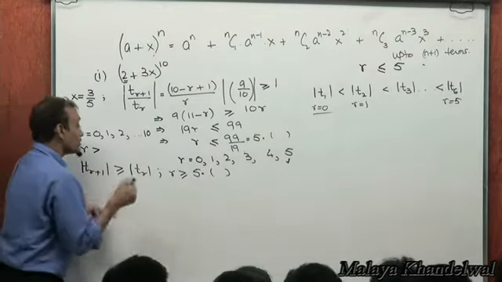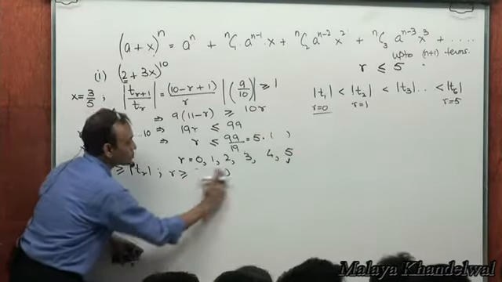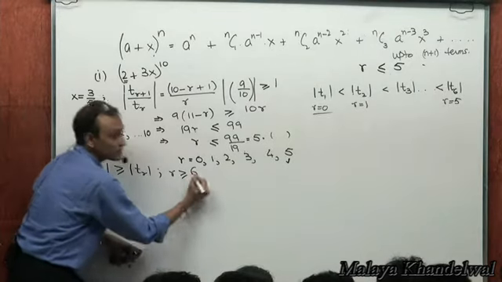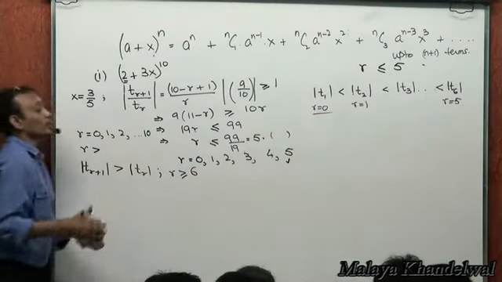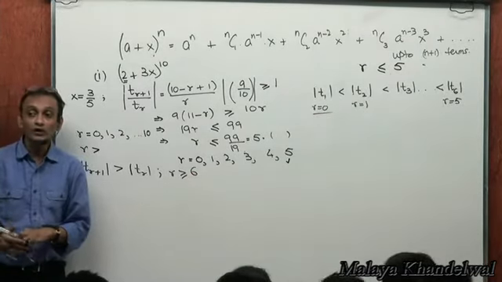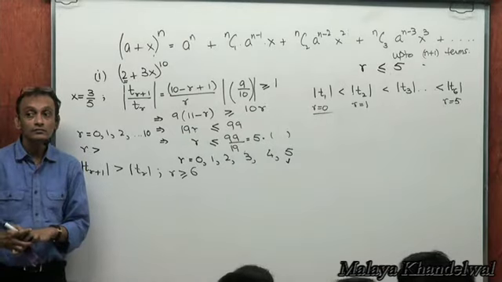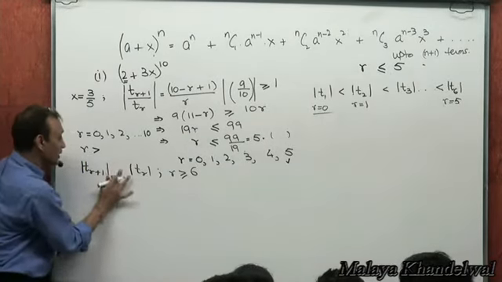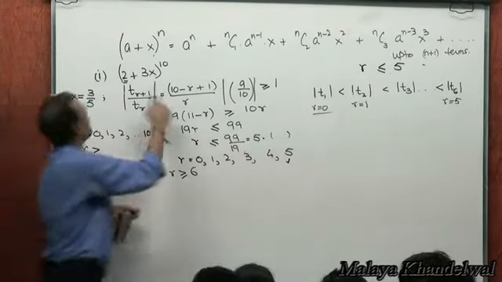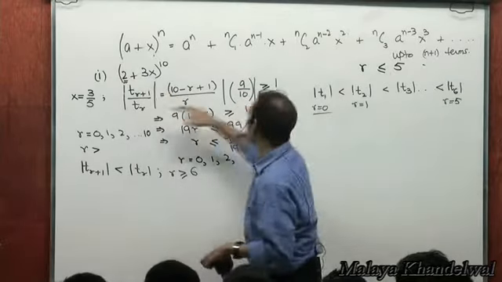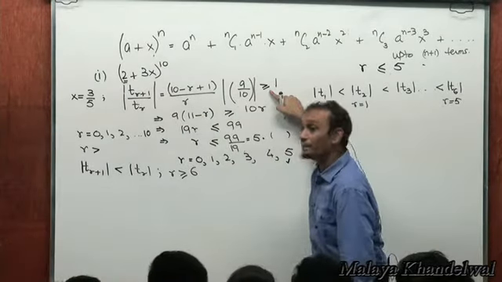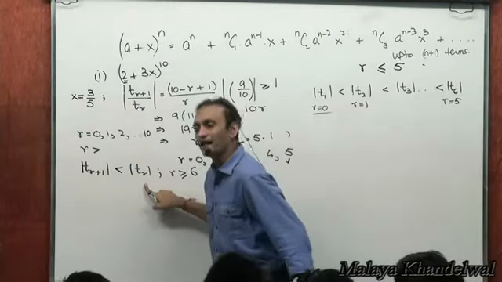So eventually, for r greater than or equal to 6, mod tr plus 1 will be less than mod tr. On that premise only: mod tr plus 1 by mod tr less than or equal to 1, that means mod tr plus 1 less than mod tr.